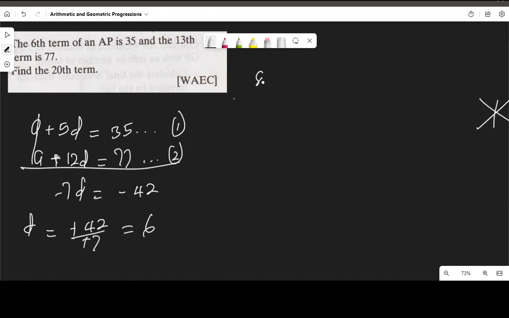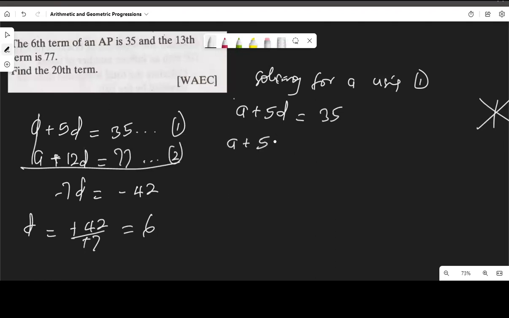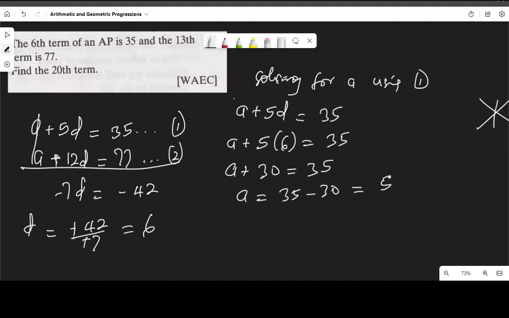Now solving for A using equation 1. Equation 1 says A plus 5D is 35, meaning A plus 5 times 6 is equal to 35. A plus 30 equal to 35. A equal to 35 minus 30, which is 5.